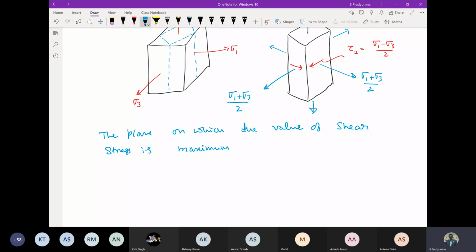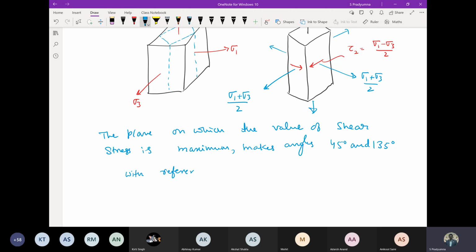The plane on which the value of shear stress is maximum makes angles of either 45 degrees or 135 degrees with respect to the principal directions.